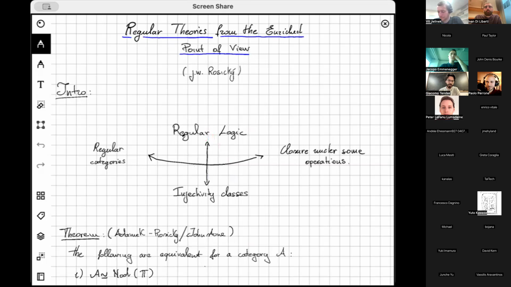I will start by telling you what's the connection between regular logic, so the kind of logic where you're allowed to use equations, relation symbols, conjunctions, and existential quantification, and other categorical machinery that, in some sense, as we see in this theorem below, are equivalent to one another. We will focus mostly on these two.